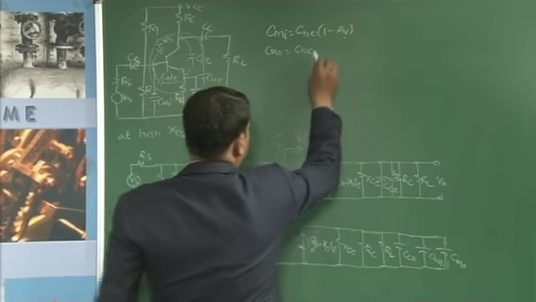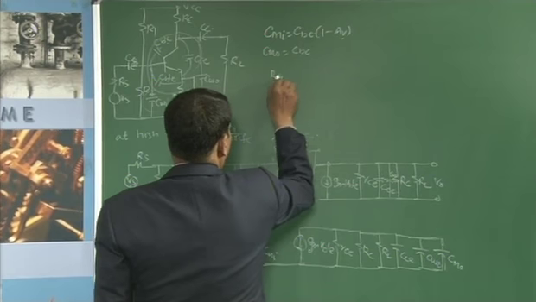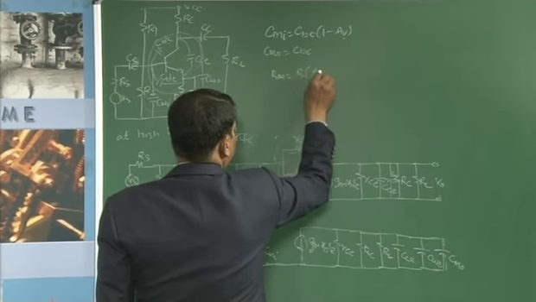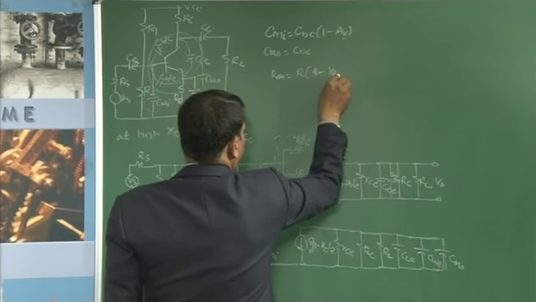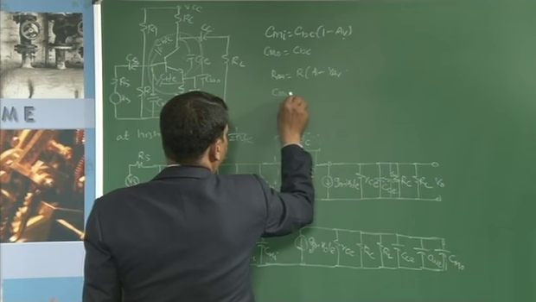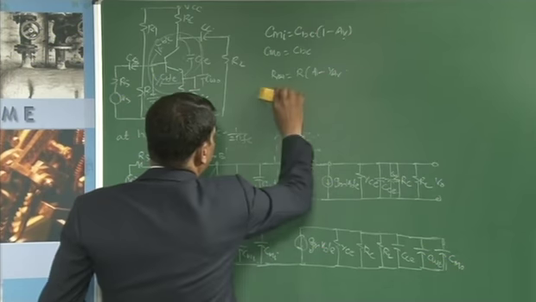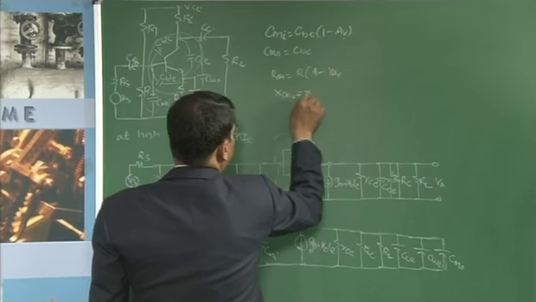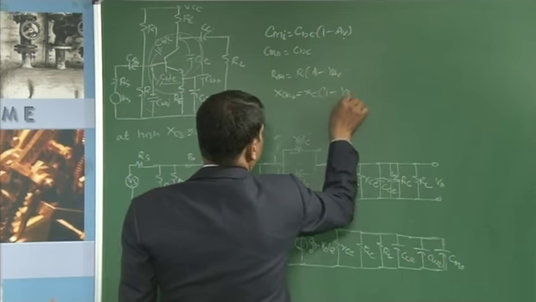Rm is equal to R times (1 minus 1 by AV). I need to derive this CMO. XCMO is equal to XC times (1 minus 1 by AV).